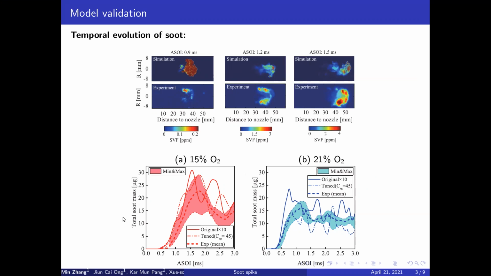For the bottom picture, it shows the temporal evolution of total soot mass in the domain. And as we can see, the present LES model is able to predict the soot spec both in the 15 and 21% O2 cases.